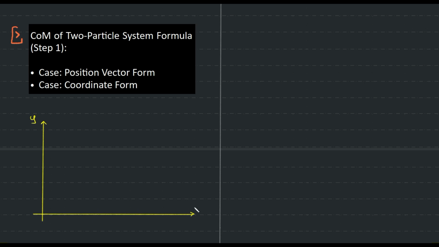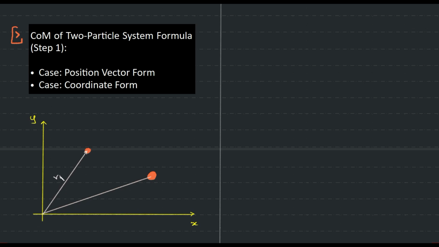Okay, so we have an xy plane, and in this plane I have two particles. The system is made up of two particles. The position of the first particle is represented by R1, and the second by R2.